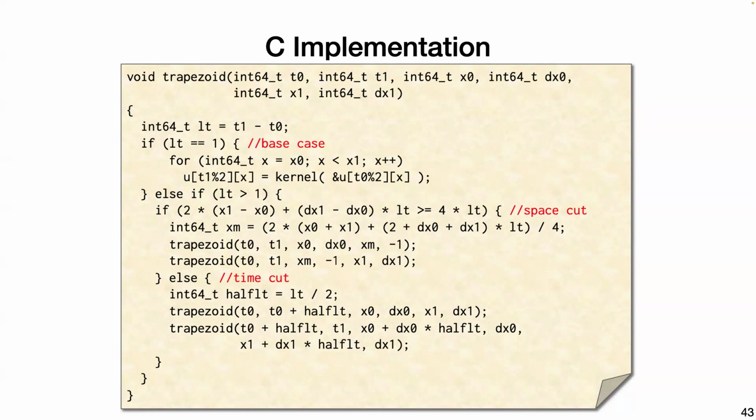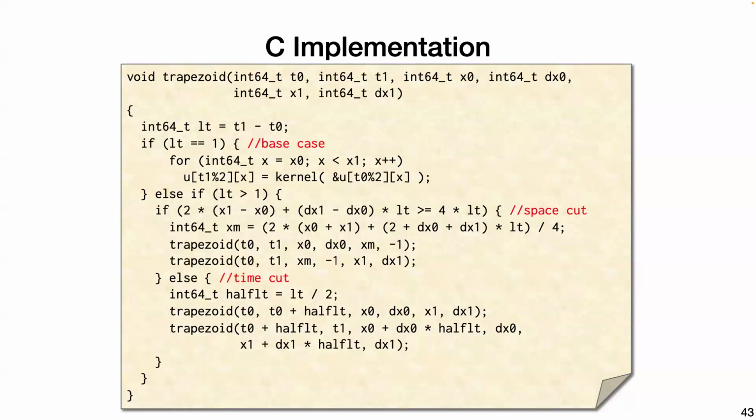So the height is t1 minus t0, and the base case, like we said, is when the height is equal to 1. When the height is equal to 1, we just do the same inner loop that we had before. Before we had two loops, one over time, one over space. Now this is just over the space that we have in the subproblem.